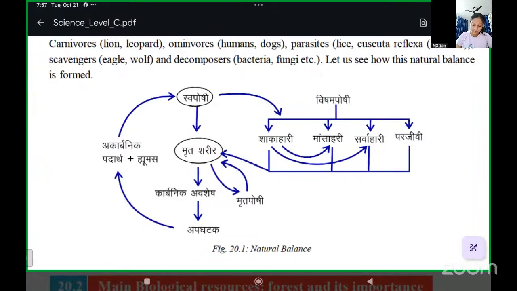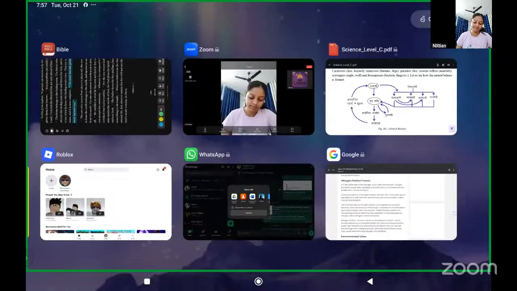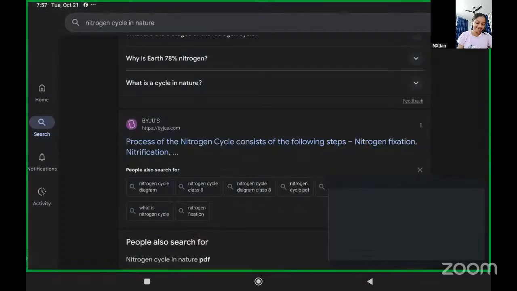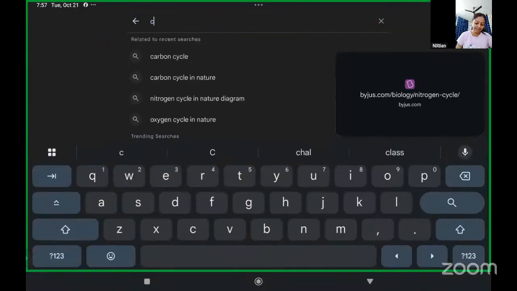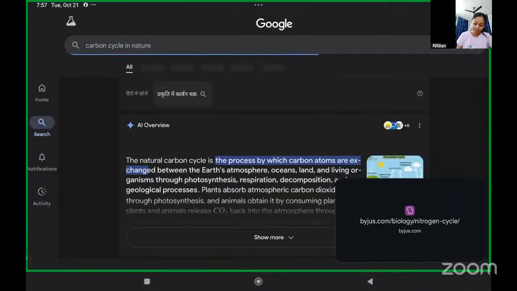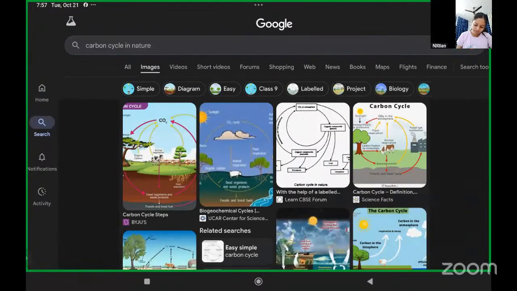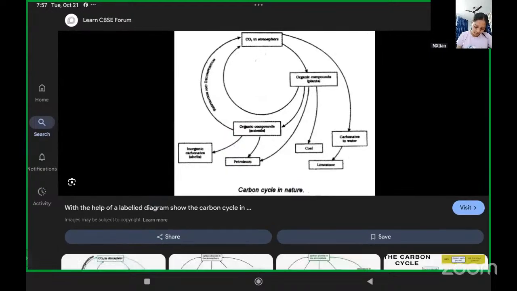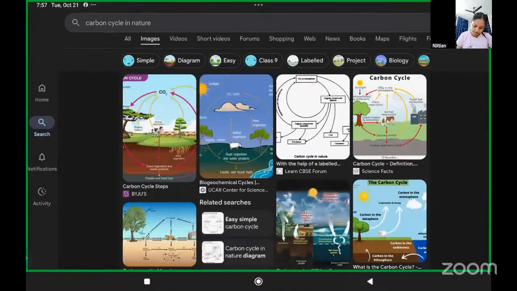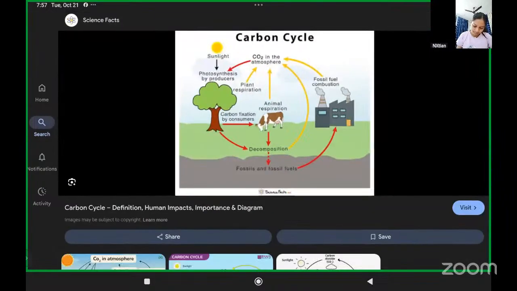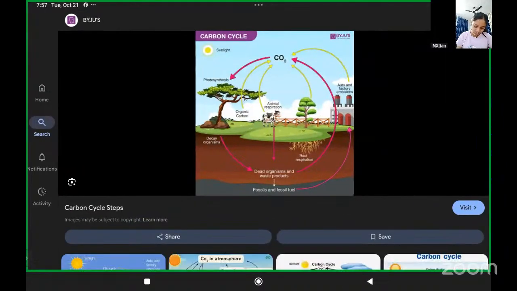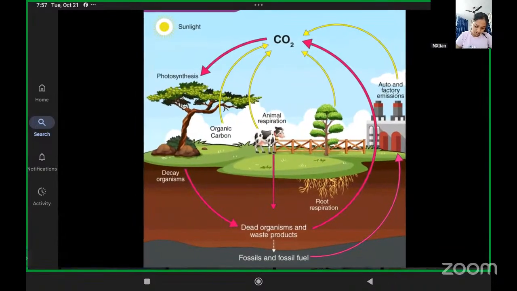Maybe this is the carbon cycle. And we had the nitrogen cycle a little bit somewhere. Not this one. This one is there, I think.